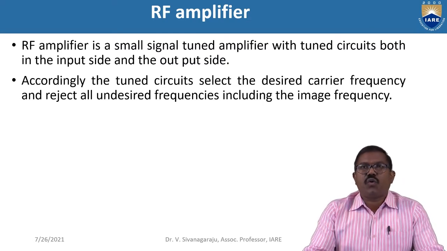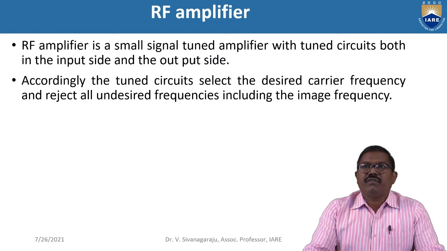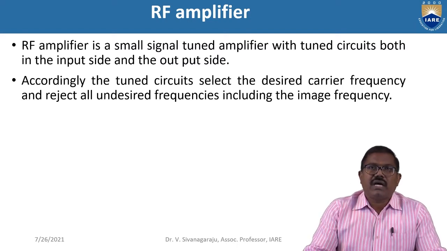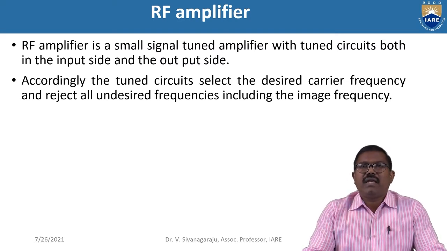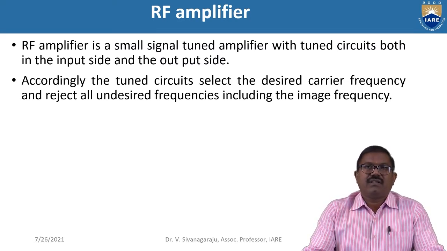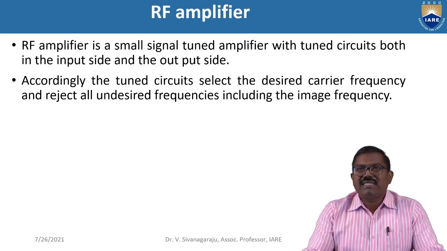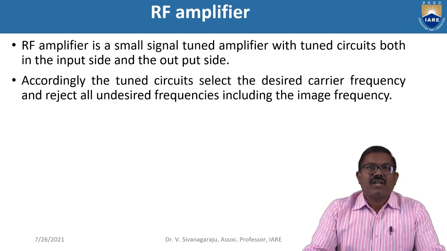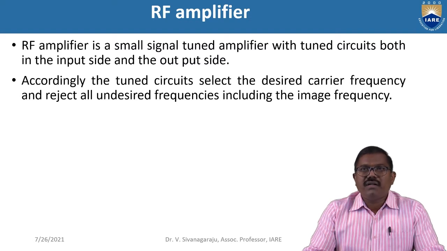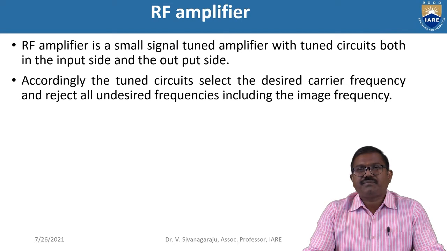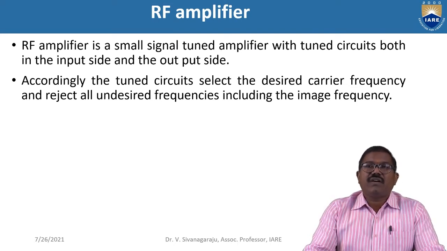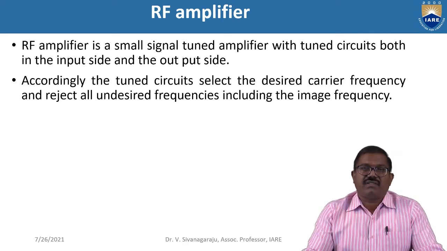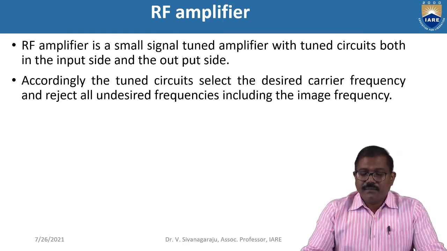The RF amplifier is a small signal tuned amplifier with tune circuits on both the input side and the output side. Accordingly, the tune circuits select the desired carrier frequency and reject all undesired frequencies, including the image frequency. But actually, the superheterodyne receiver suffers from this image frequency.